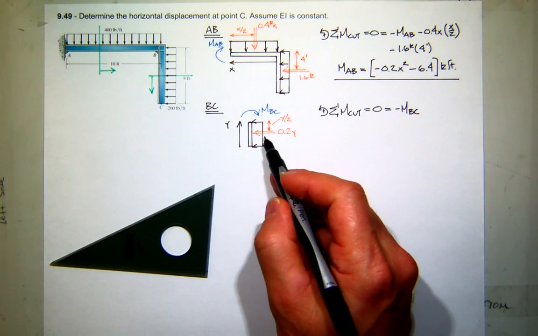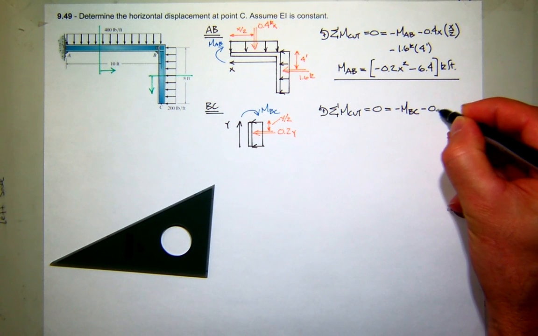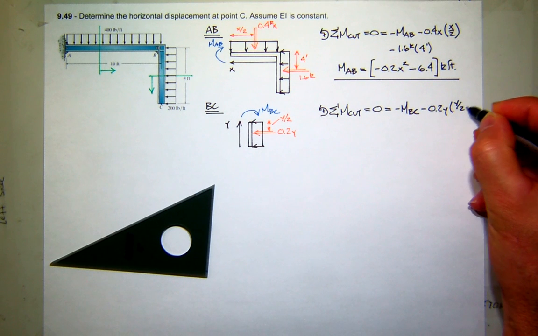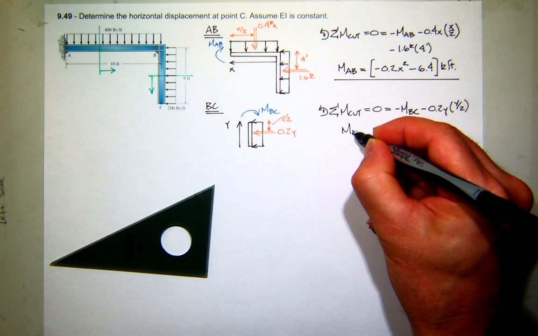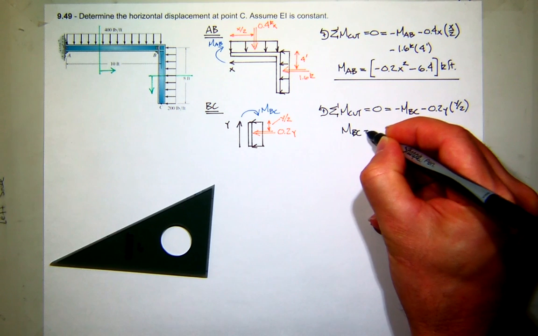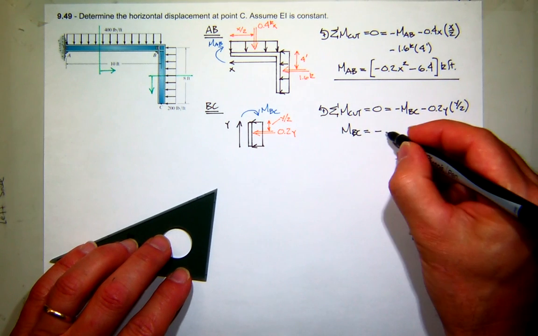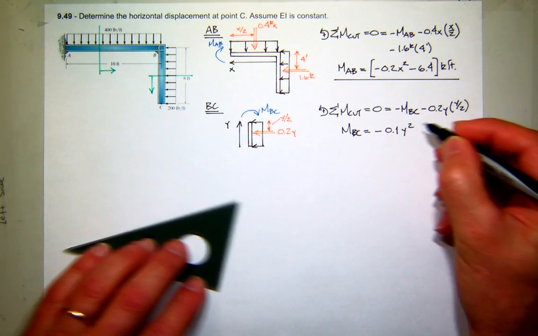And the applied force is also negative. So the force is 0.2 Y with a moment arm of Y over 2. So the moment in BC is going to be equal to negative 0.1 Y squared.